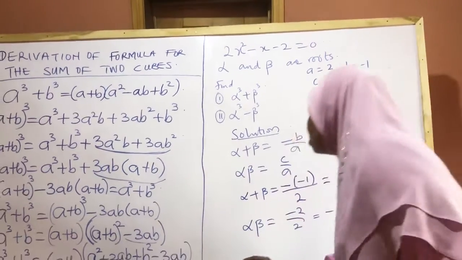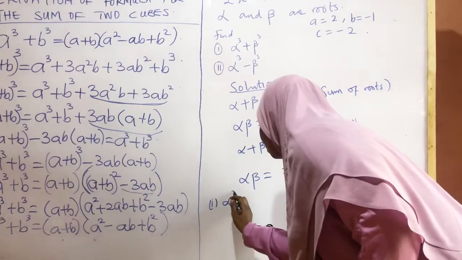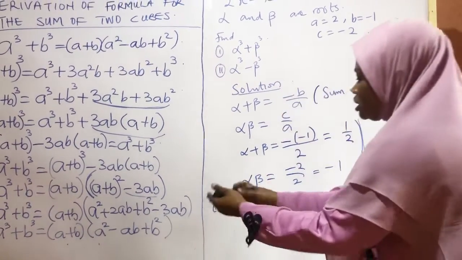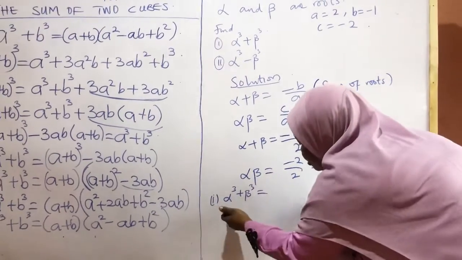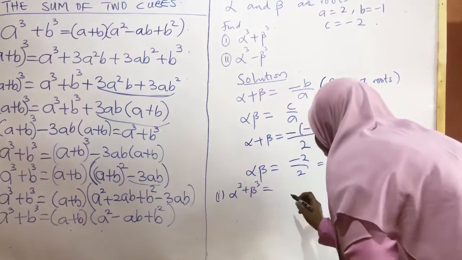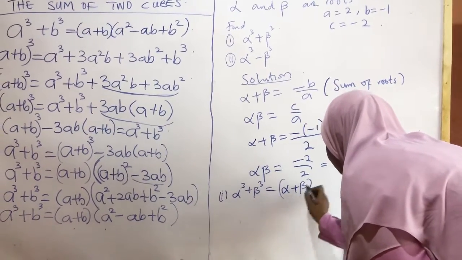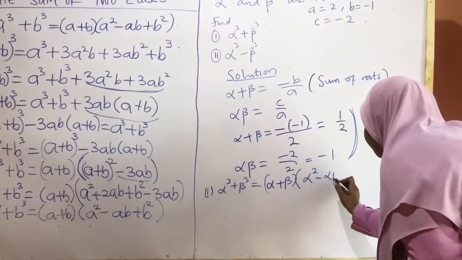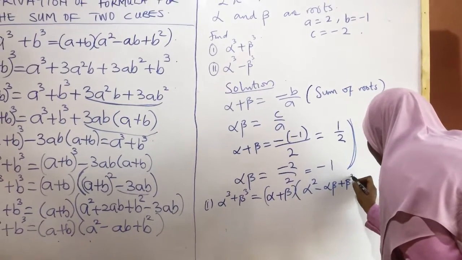Now back to the question given to you. You were asked to find alpha cubed plus beta cubed. So that is what we have derived. Alpha cubed plus beta cubed will be the sum of 2 cubes, which is equal to alpha plus beta into brackets alpha squared minus alpha beta plus beta squared.